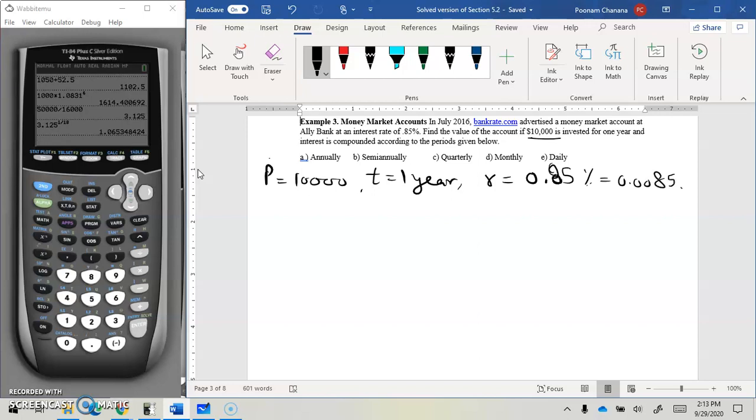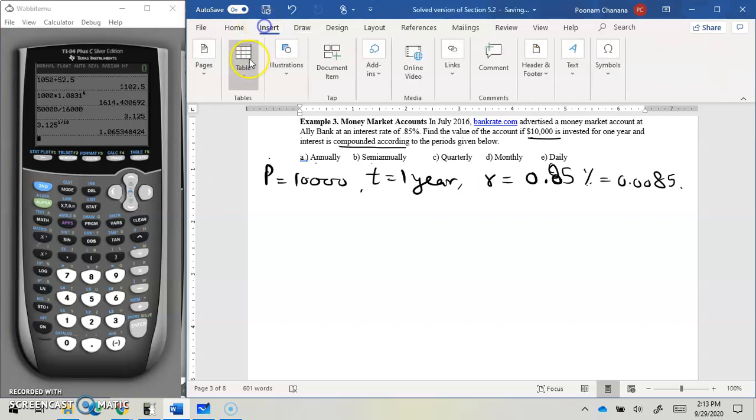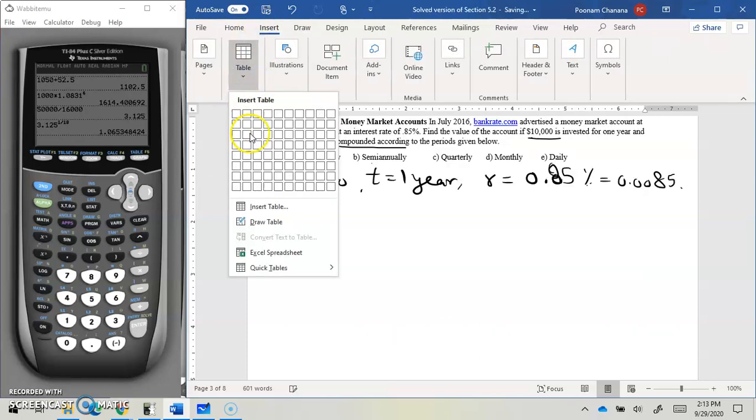Okay. Now the compounding is given as either annually, semi-annually, quarterly, monthly, or daily. So let me write a small table here.